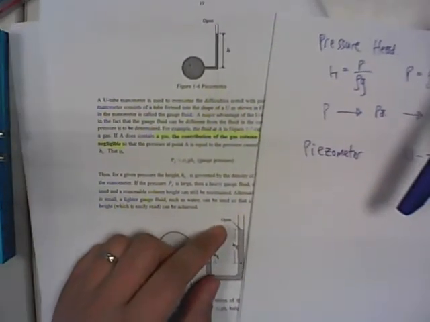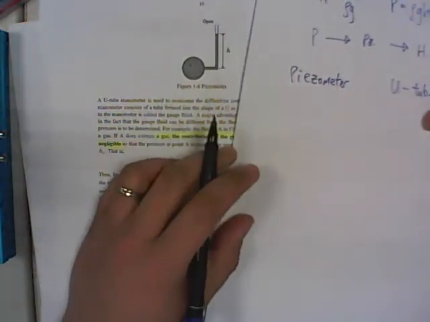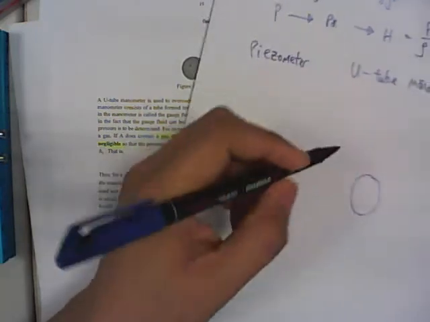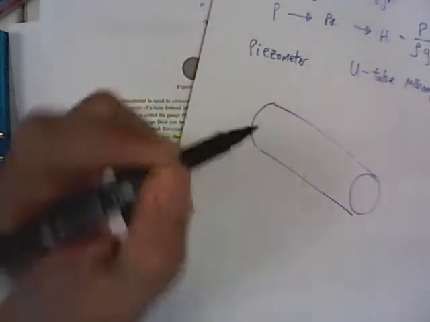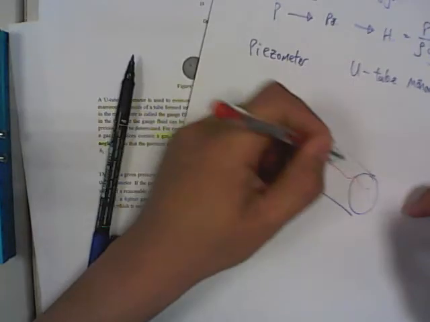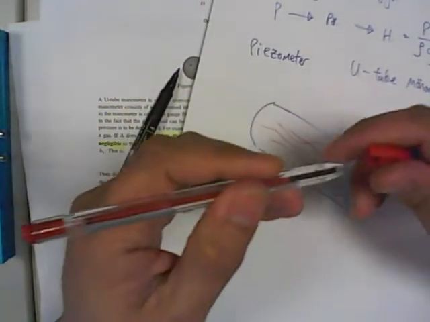So if we turn to page 19, you'll see figure 1-6. A 3D expression of this diagram would be if you have a pipe with a certain fluid flowing in a certain direction.